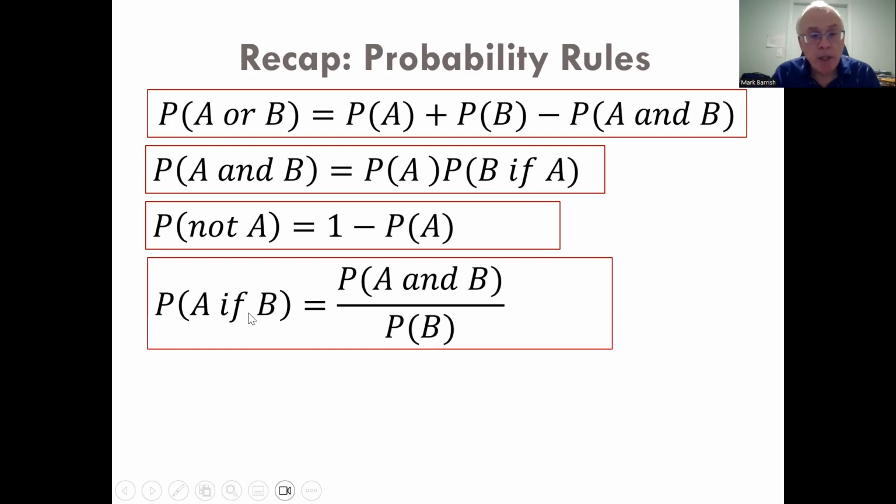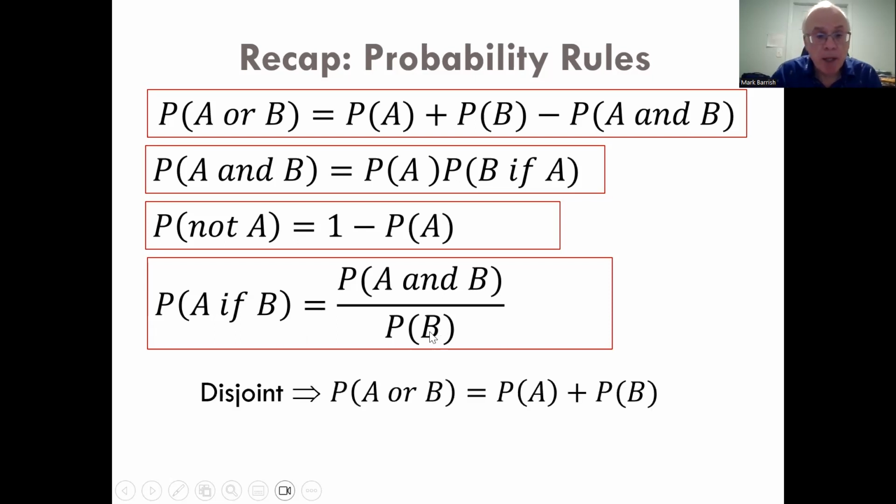Probability of A if B is equal to the probability of A and B divided by the probability of B. And by the way, if it's in reverse, if it's the probability of B if A, then the numerator is the same, but the denominator becomes the probability of A.